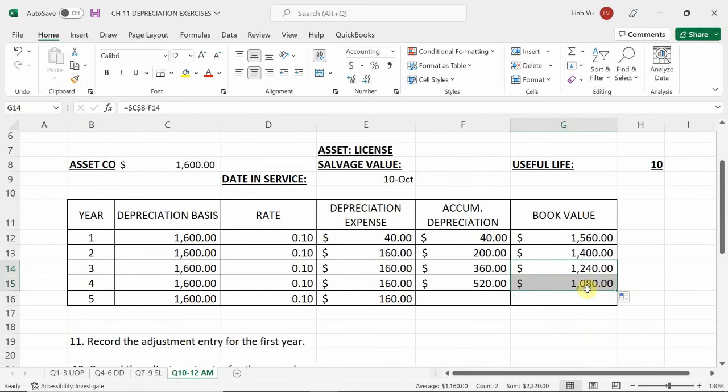So it's 1600 minus 520, which is 1080. Right?